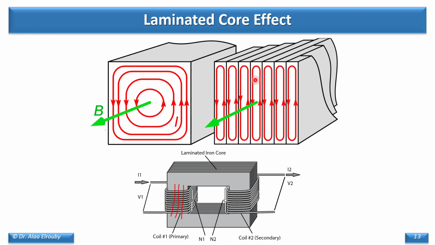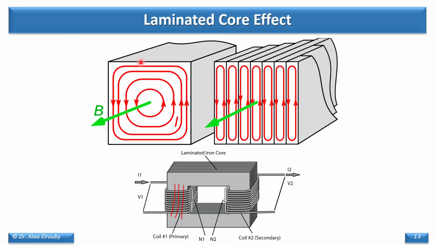You remember that the EMF, the integral of E dot dl, is proportional to partial phi partial t, and phi equals B, the magnetic flux density, multiplied by S. So by reducing the surface that the field penetrates, the EMF will be smaller and the eddy current will be very small.